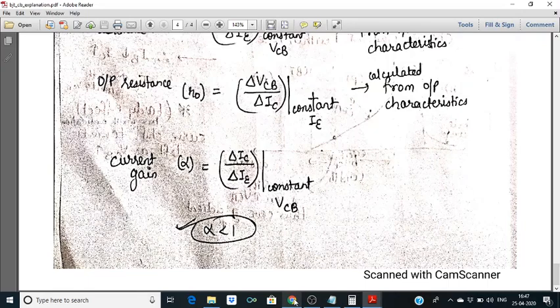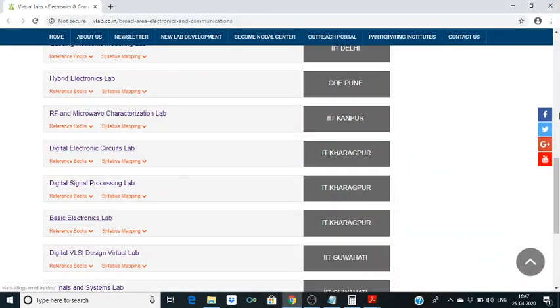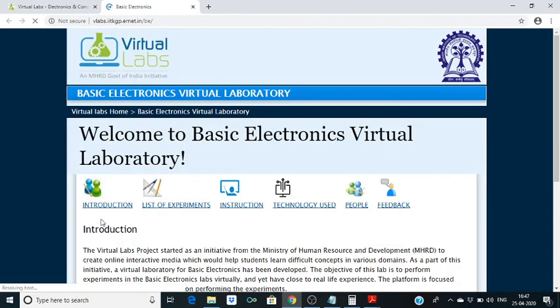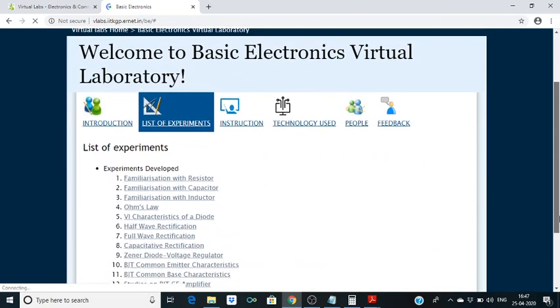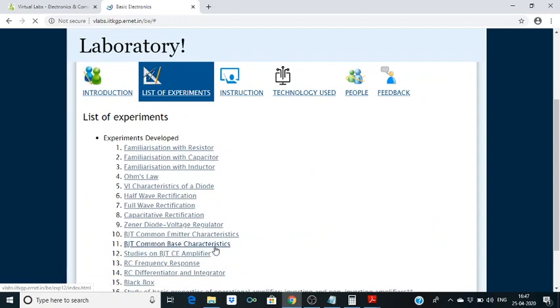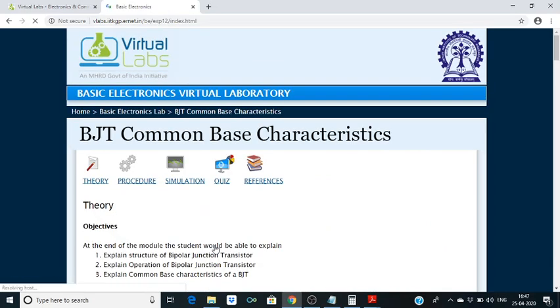Now coming to the simulation part, we will go to the virtual lab, and under that the electronics and communication engineering labs, and then to the basic electronics lab. Here under the list of experiments, we will go to BJT common base characteristics.